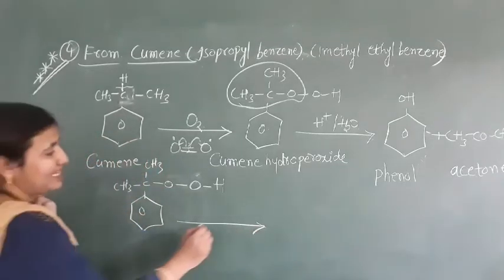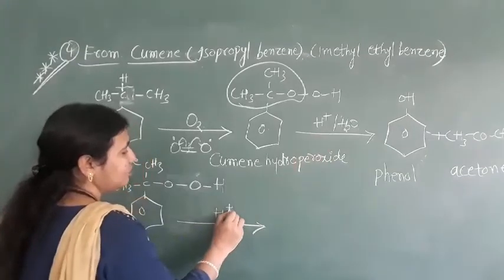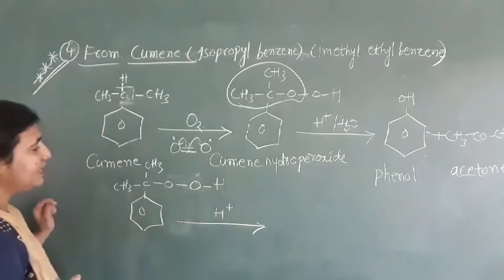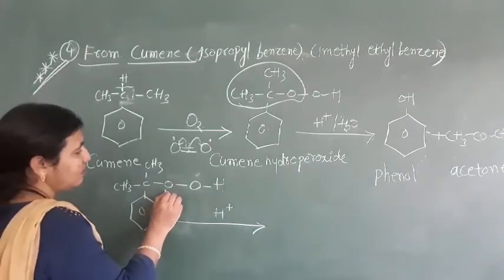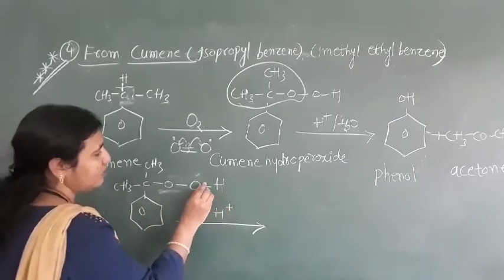Next, further, what will happen here? Acid will come. Now, acidic hydrolysis: H plus will come and go to this oxygen, which has lone pairs.